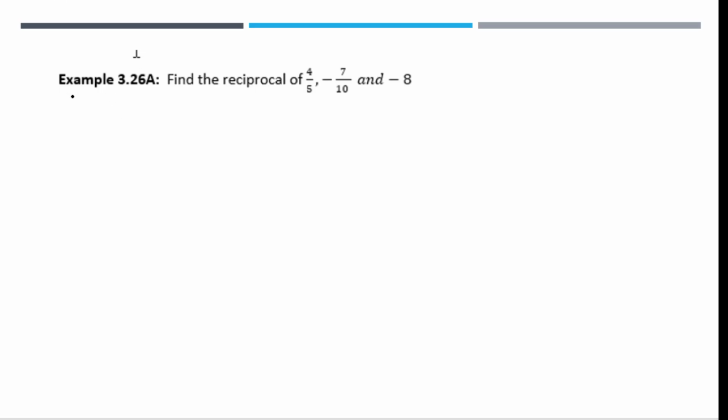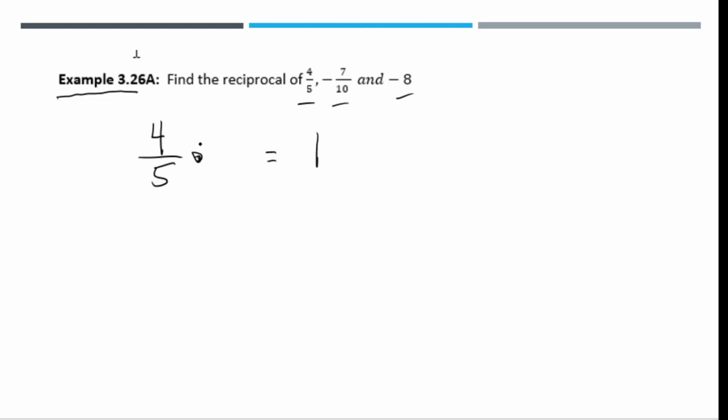I just used the reciprocal in the last problem, so we're going to define what the reciprocal is. The reciprocal is the number that you multiply by, given the number, in order to get 1. So it's really simple to find.